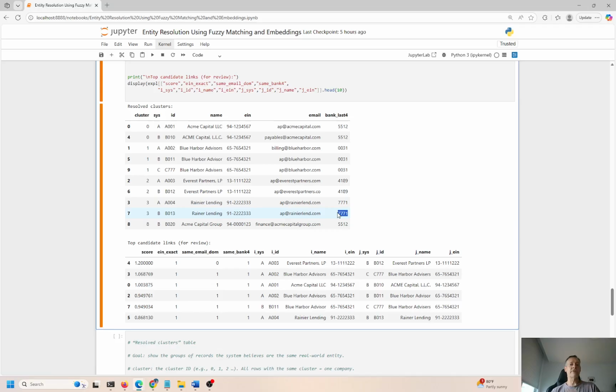So, using these techniques, we can make the assumption that these two entities are the same. There was a spelling mistake, but they're really the same because the EINs are the same, the email contact information is the same, and the bank last four account number is the same, right?